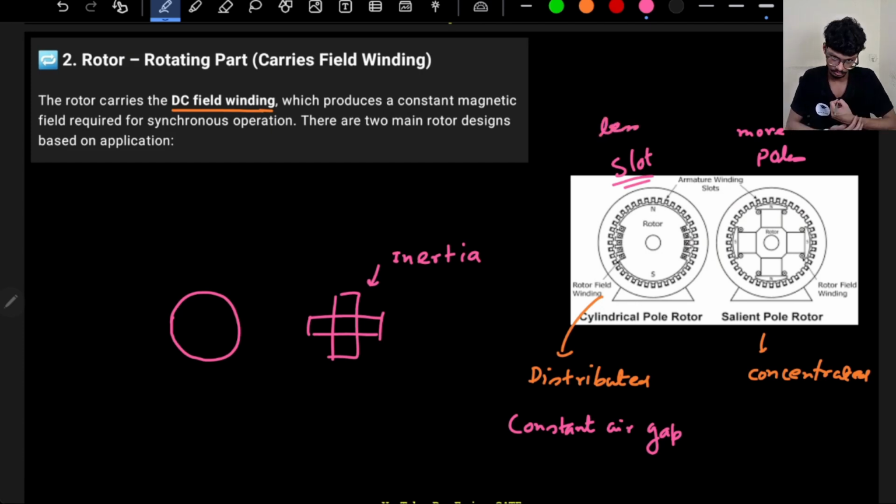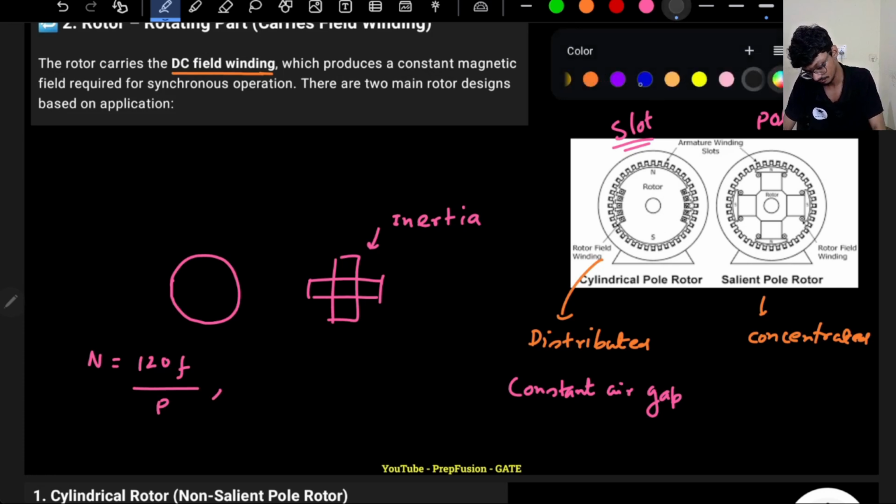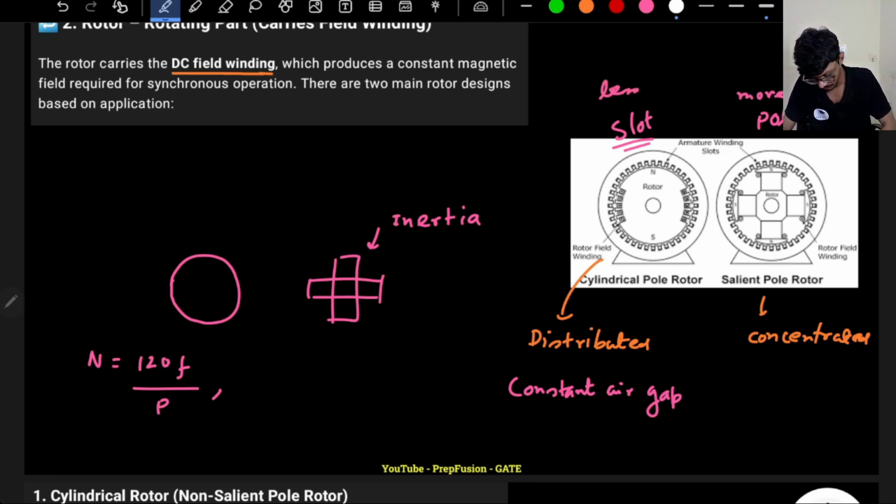So I know one formula: N equals 120f by P, or f equals P times N divided by 120.